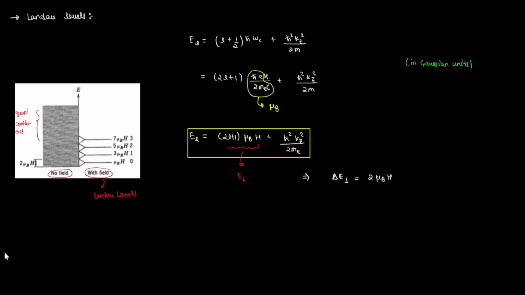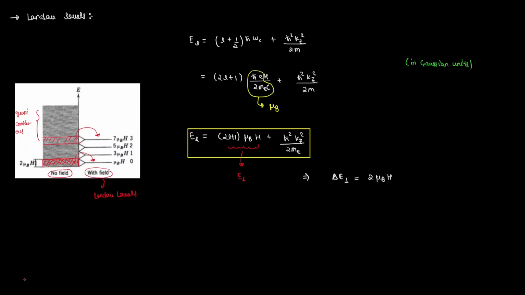Here you can see that this group of levels of the continuum combines to form a highly degenerate discrete level in the presence of magnetic field. So, in the presence of magnetic field, all these energies will be converted into a single discrete energy level with a very large degeneracy. And a similar thing happens for other levels also.